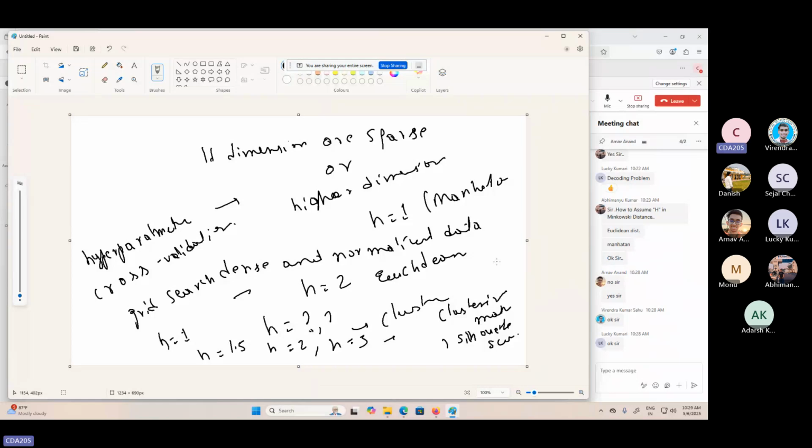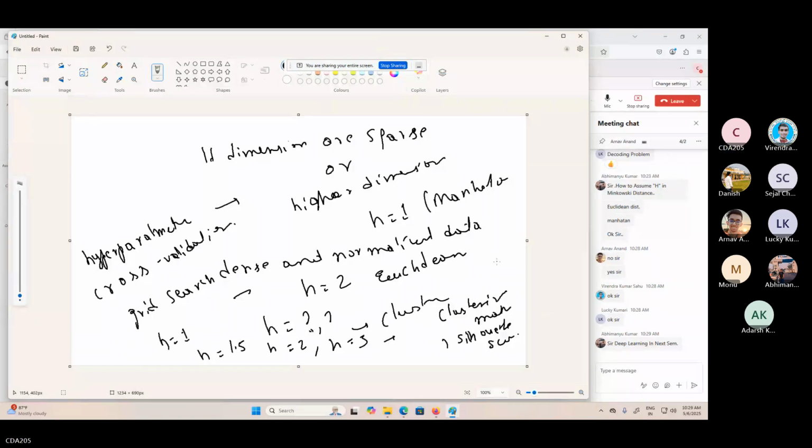Any more doubts? Any confusion? I think we will do deep learning in the next semester. If you understand machine learning, then only you can understand deep learning. So during the vacation time, you can try to master the machine learning part.